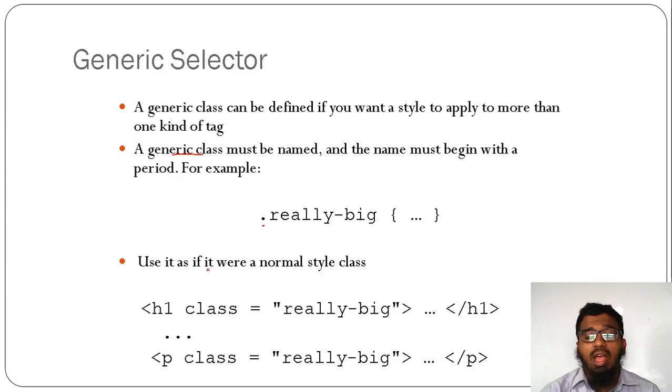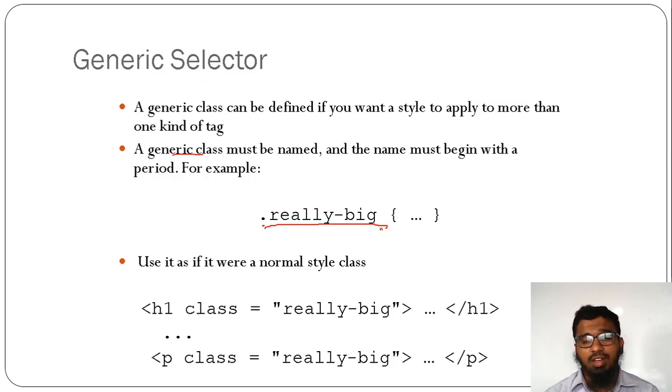Use it as if it were a normal style class: h1 class equals reallybig, p class equals reallybig. So you can use that and write the code in a generic selector.